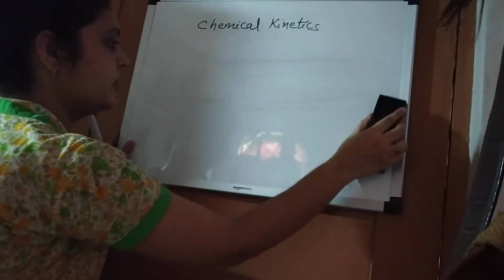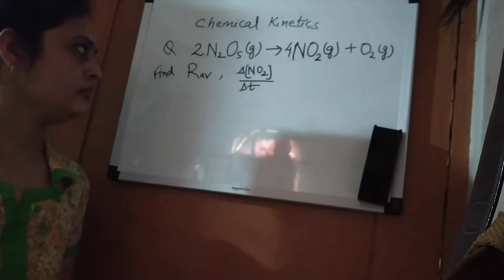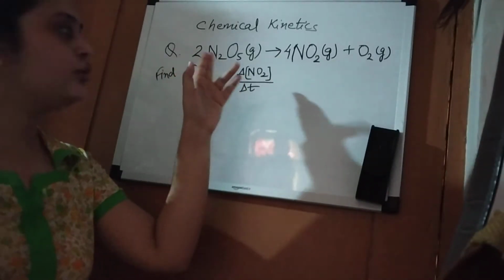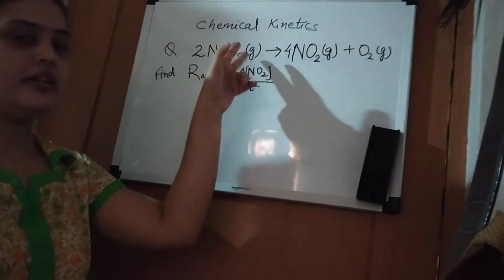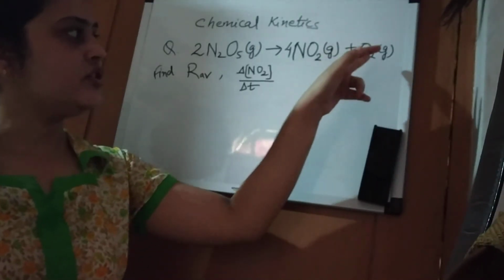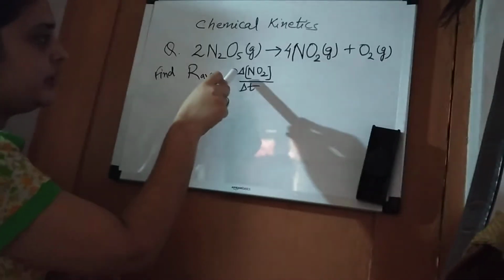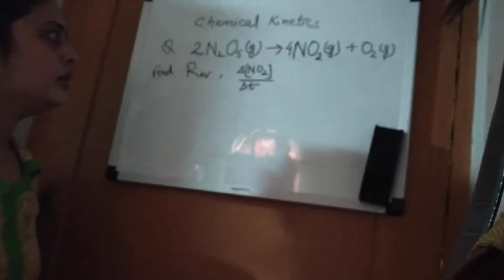Based on this we will find the solution to a problem. Let's see the problem. A reaction is given: 2N2O5 gas gives 4NO2 gas plus oxygen gas. You have to find the average rate of reaction and the rate of change of NO2 over time.